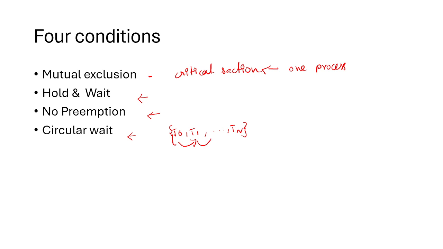T1 is waiting for a resource held by T2. T2 is waiting for a resource held by T3, etc. Tn is waiting for a resource which is already held by T0. That is called circular wait. So if all four conditions happen simultaneously in the system, it leads to a deadlock.